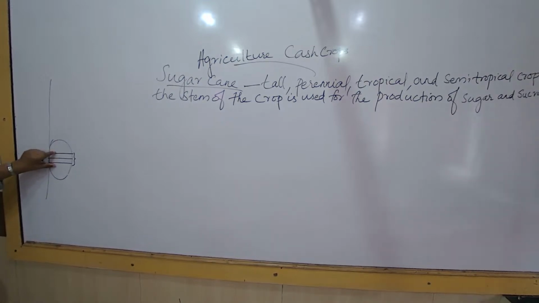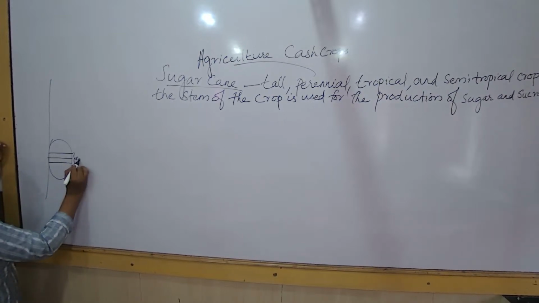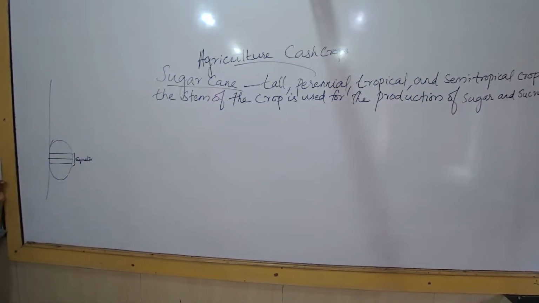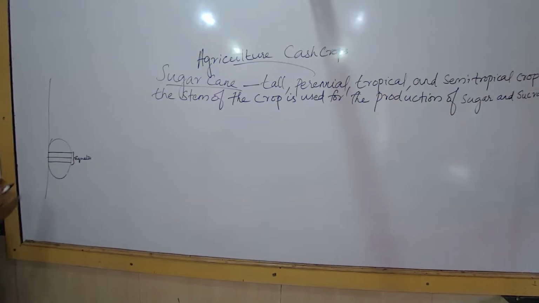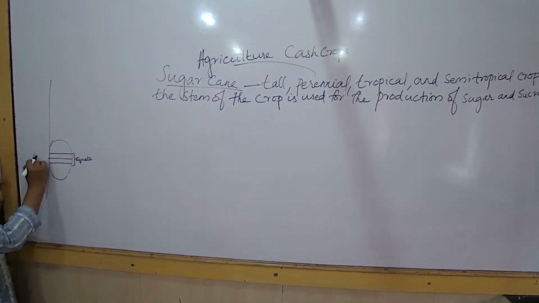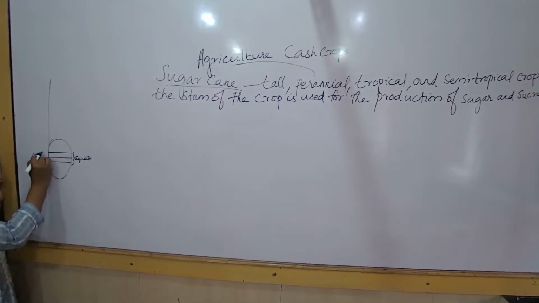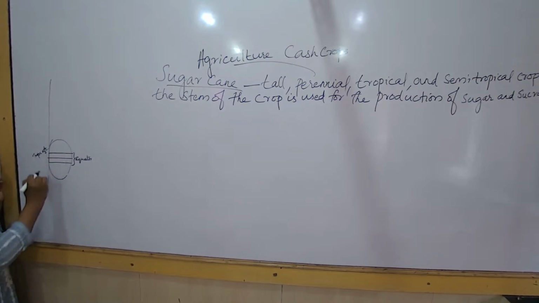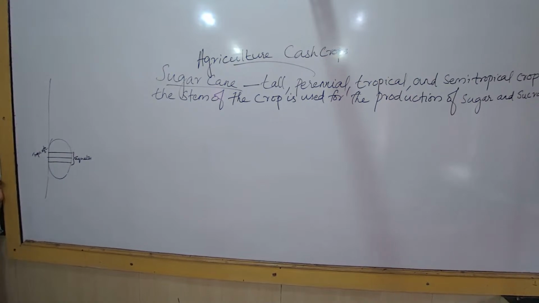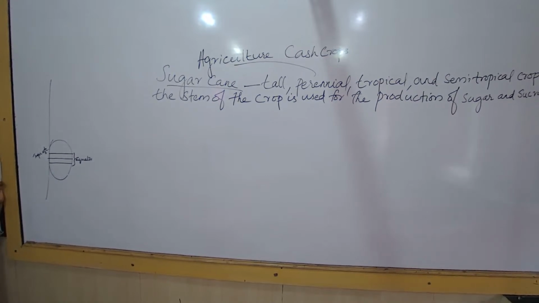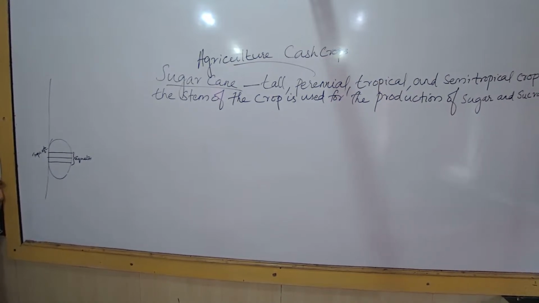This region between the Tropic of Cancer and the Tropic of Capricorn is called tropical.